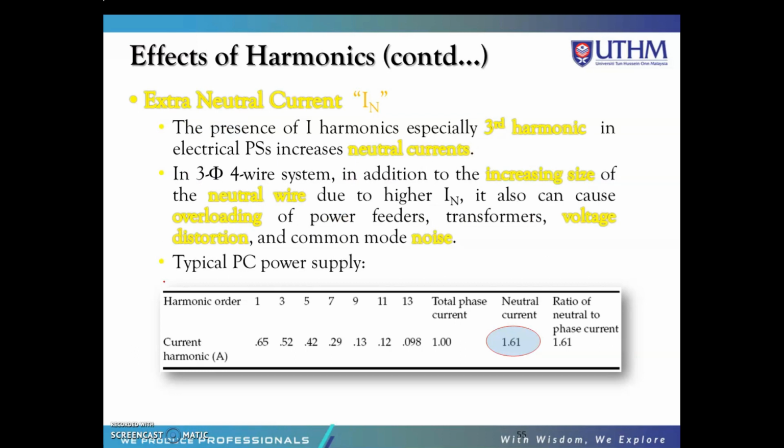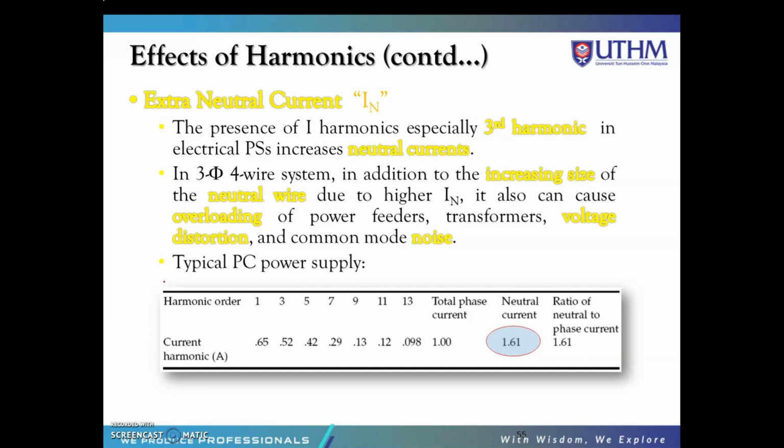Extra neutral current. The presence of current harmonics, especially the third harmonic, in the electrical power system increases the neutral currents. In a three-phase four-wire system, in addition to increasing the size of the neutral wire due to higher harmonic currents, it can also cause overloading of power feeders and transformers, voltage distortion, and common mode noise.